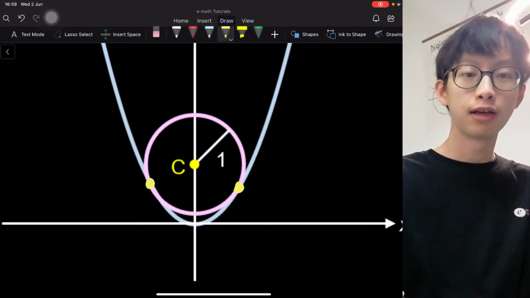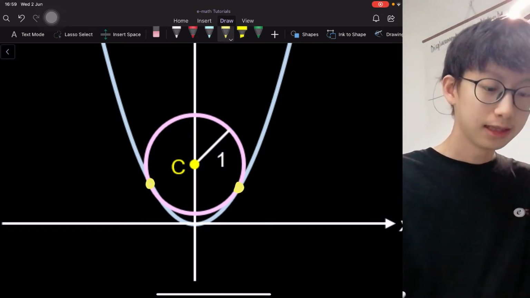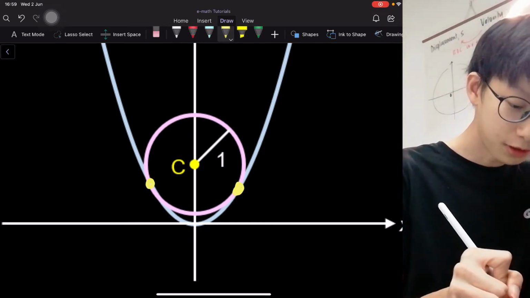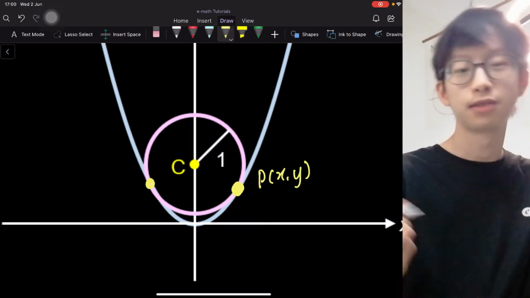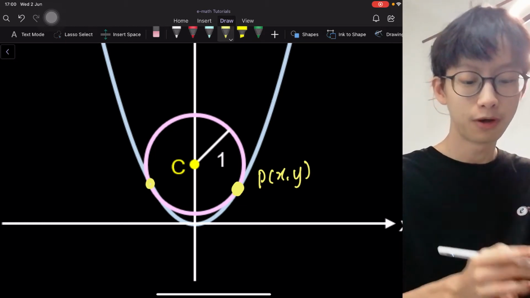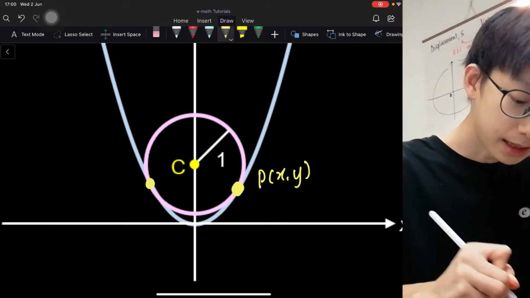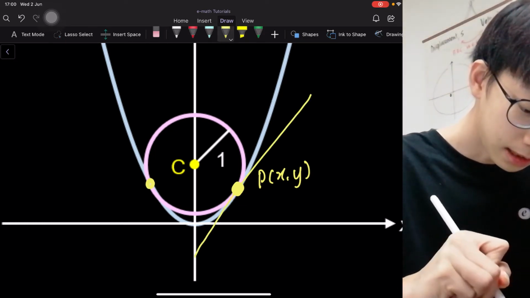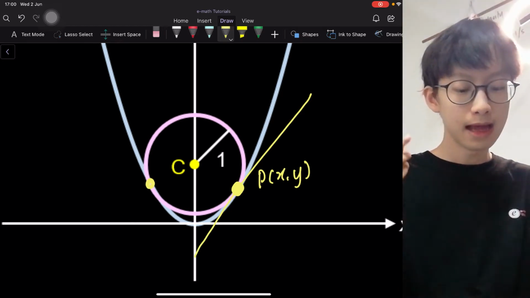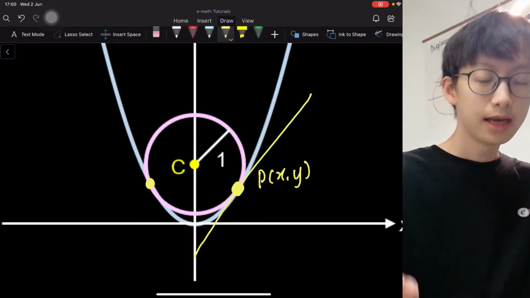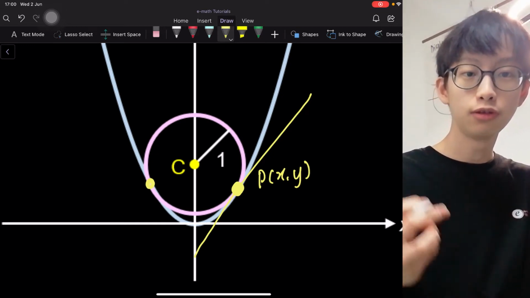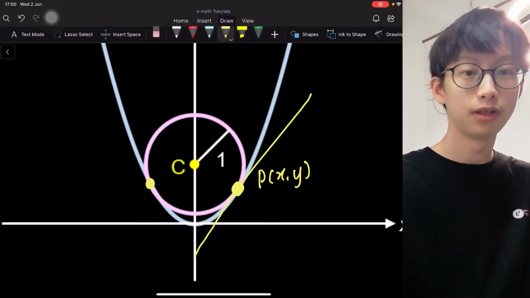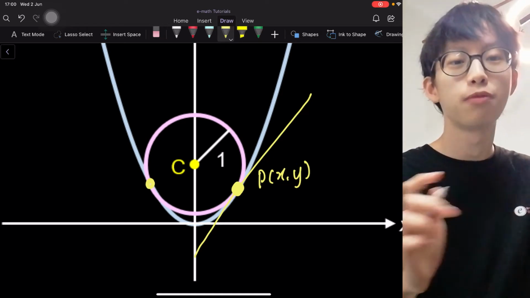And another thing that I want you to take note of is, let's say this is a point P. Let's say we call it X, Y. It doesn't matter which alphabet we give to the point. If you draw a tangent line to the parabola at that point, it is also the equation of tangent to the circle at that point, right? A simple geometric proof is like this.